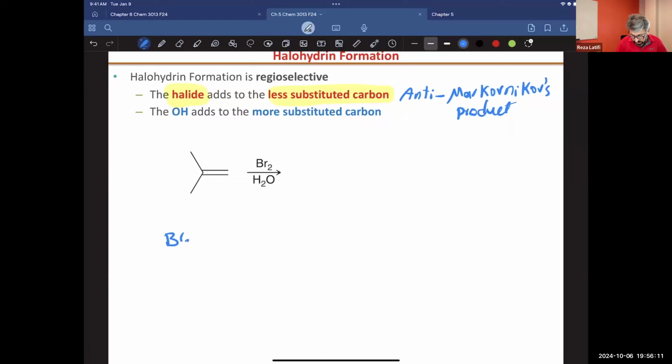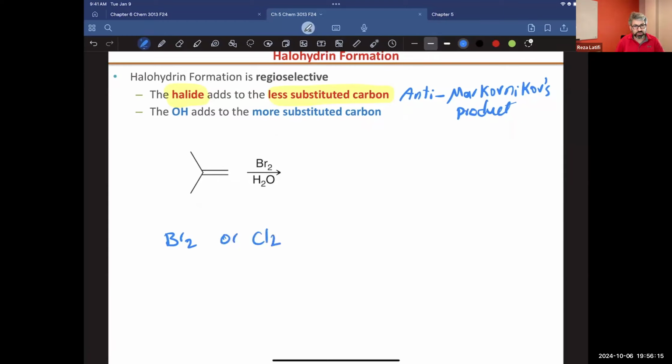Okay, the way we run the reaction, this time, is in the presence of Cl2 or Br2. You can use either of these as a source of halide, and the solvent will be a protic solvent, something like water, or you can use alcohol.